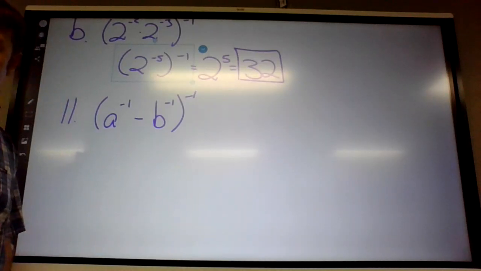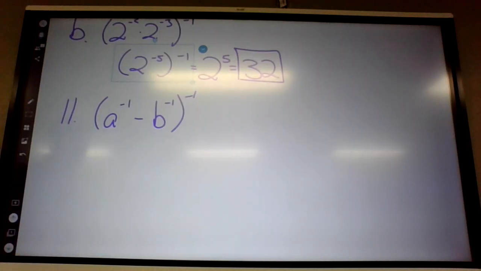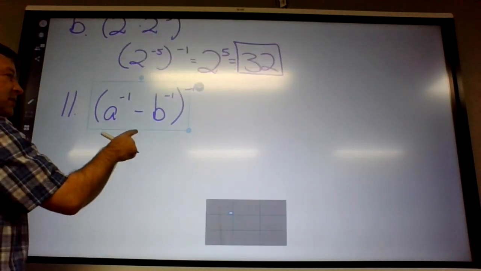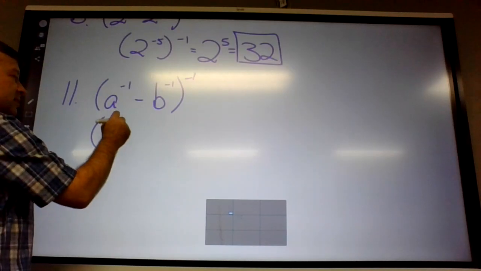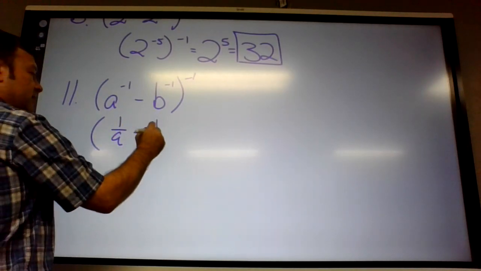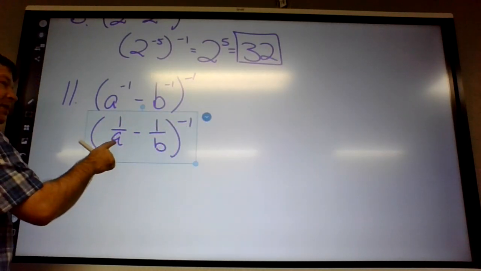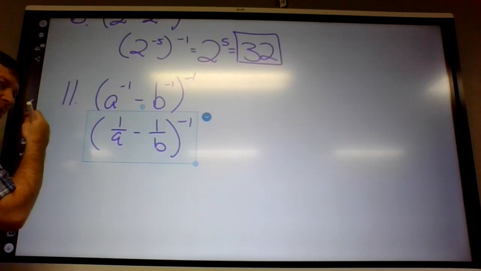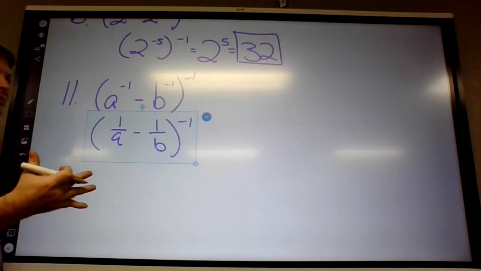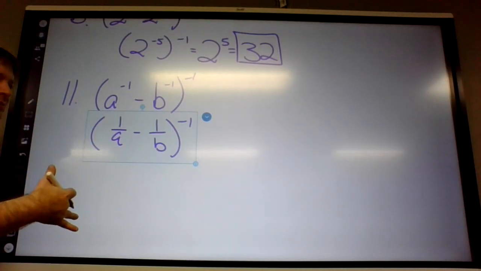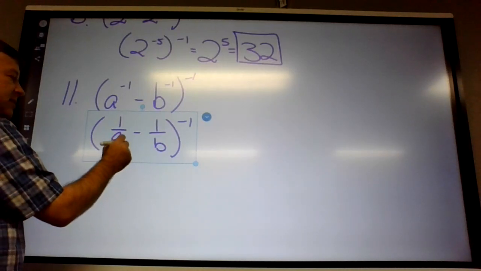Alright, I think I copied it right. Okay, what's A to the negative 1 turned into? 1 over A. So it's 1 over A minus 1 over B. How do these two go together? What's the common denominator? AB. Kind of like what do 3 and 7 go into? 3 times 7, right? What do A and B go into?